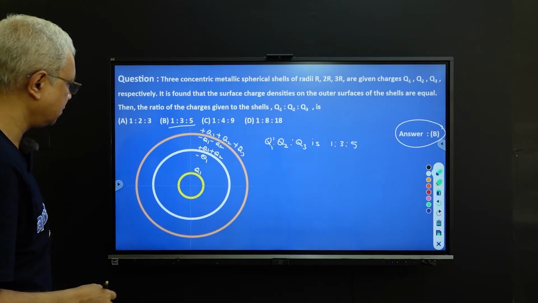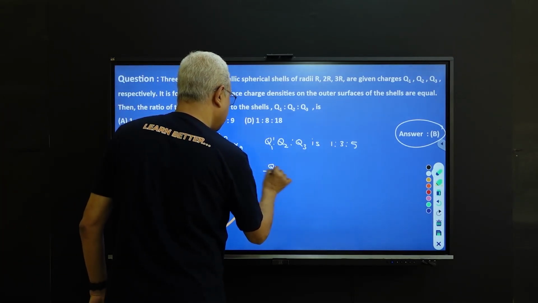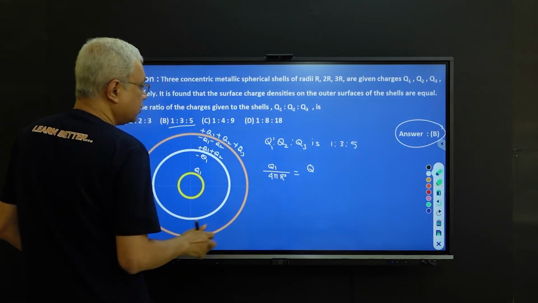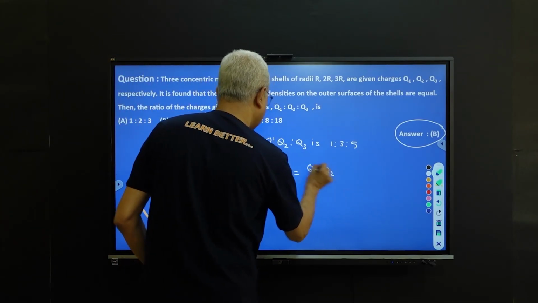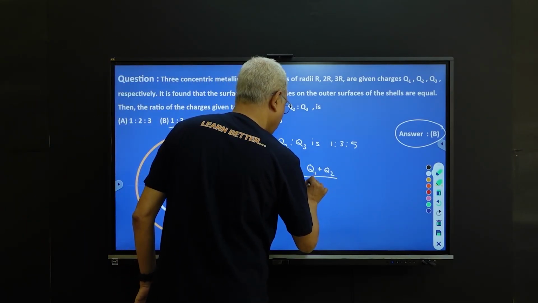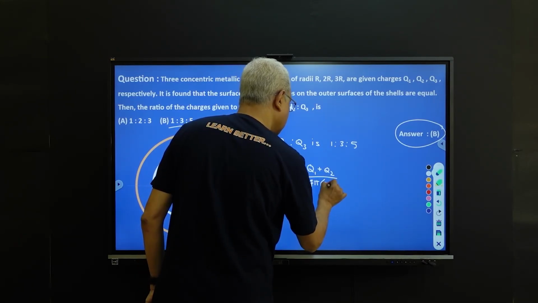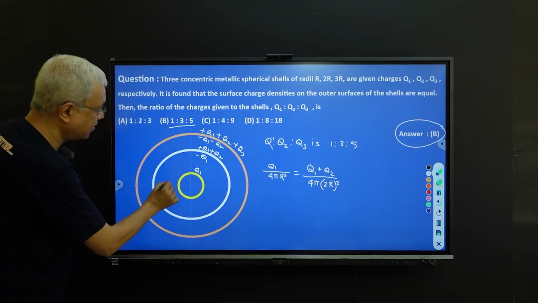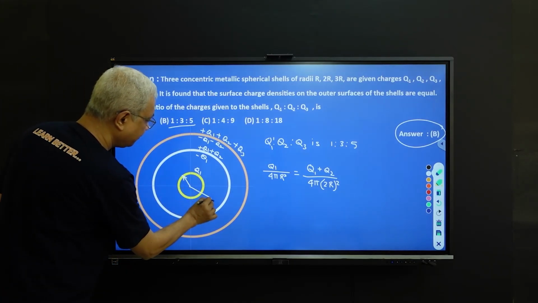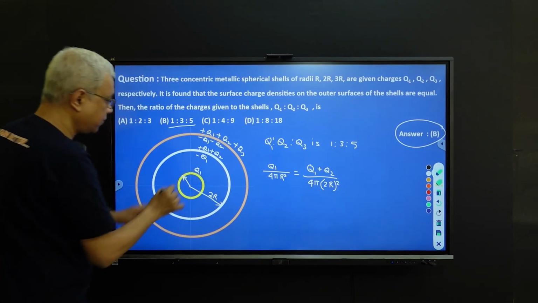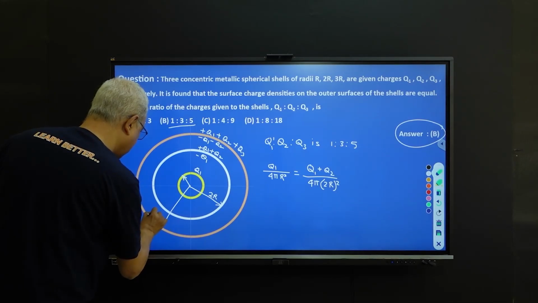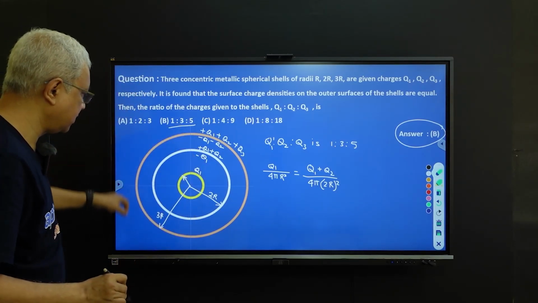So this is the charge distribution, and we have used this expression Q1 by 4 pi r square equal to Q1 plus Q2 by 4 pi into 2r whole square, because Q1 plus Q2 is the net charge on the spherical cell having radius 2r. r is the radius of the outer surface of the innermost spherical cell, 2r is the radius of the outer surface of the middle spherical cell, and 3r is the radius of the outer surface of the outermost spherical cell.